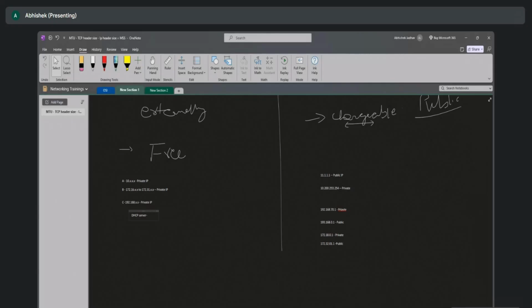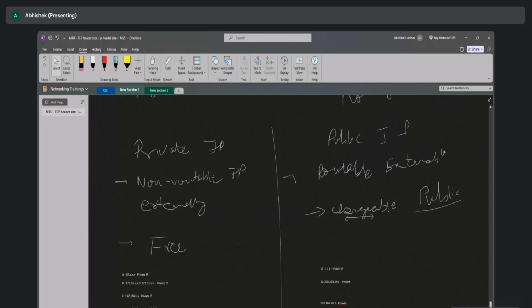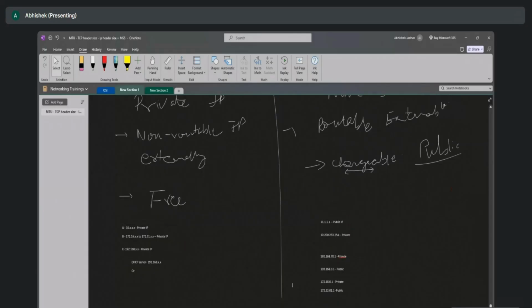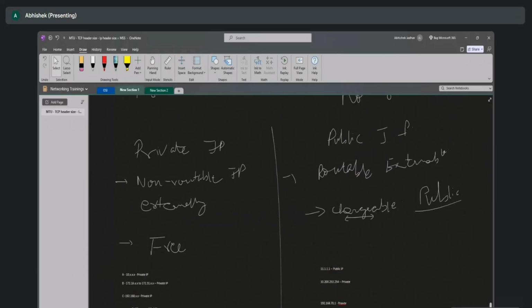It can store the pool of IPs within the range of 192.168.x.x, or in the class B private IP range, or in the class A private IP range, right? So that's the basic thing about private IPs and their range. Now, apart from all these IPs, everything is public IP, which is chargeable. Simple.